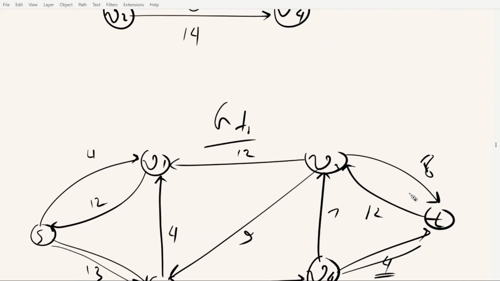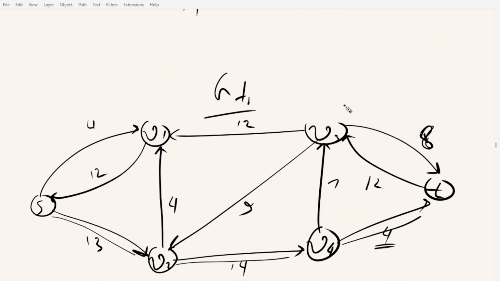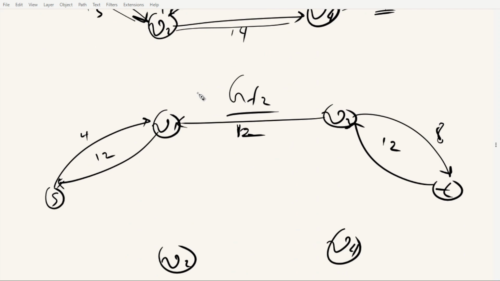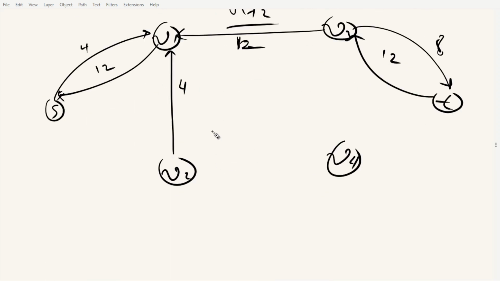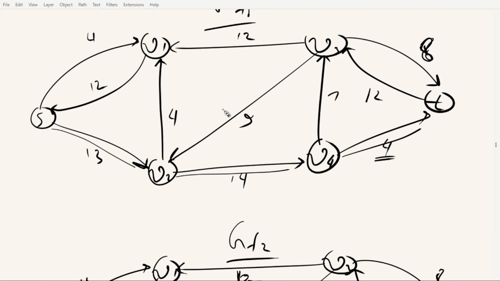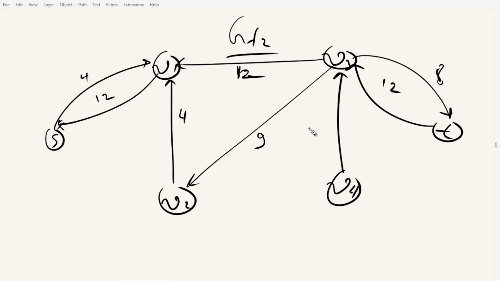Then 3 to T we have forward 8 and backward 12. Then 2 to 1 is 4. Then 3 to 2 is 9. 4 to 3 is 7.